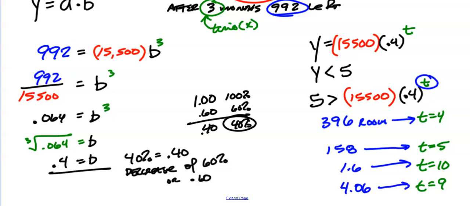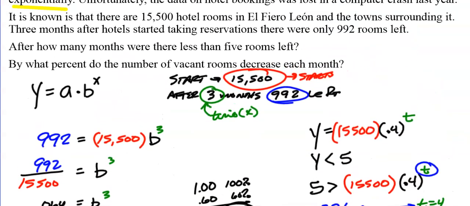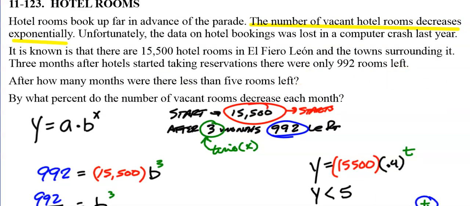Based upon how much this is changing, I'm going to say this is fine. That's less than 5 when t is 9. So at 9 months, we have less than 5 rooms. Let's go back up to our original problems. How many months? We have 9 months.